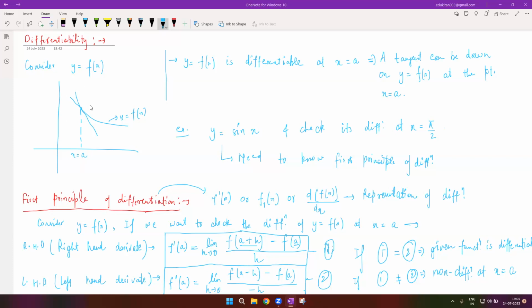So this is a visual representation of what we are saying. So differentiability or differentiation is directly related to tangency, the condition of tangency. Now let's say if a graph is given, we can always identify whether a function is differentiable or not.